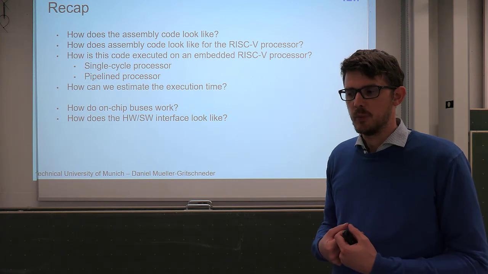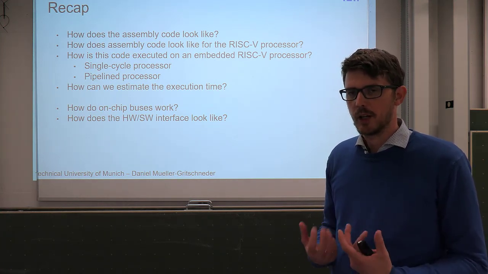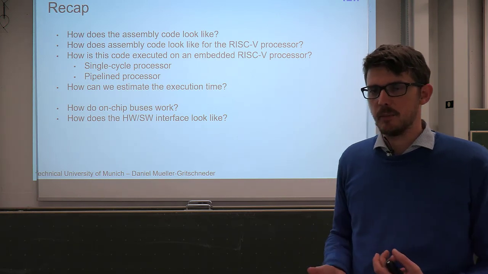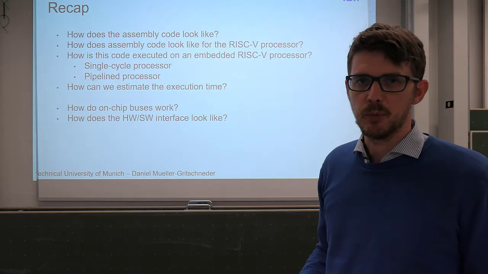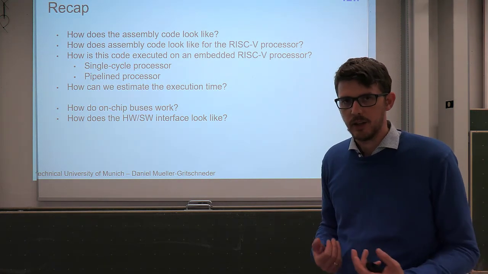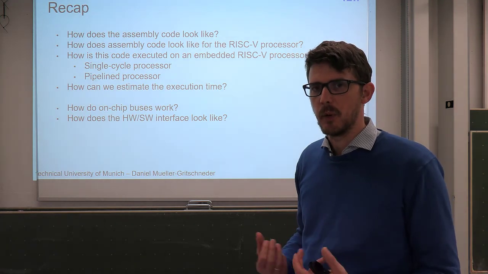And I'm pretty sure if you go into the embedded domain during your career, you will at some point have to deal with one of these RISC-V cores and be able to program it. So having an idea of the basis of these RISC-V processors will be very helpful to you.